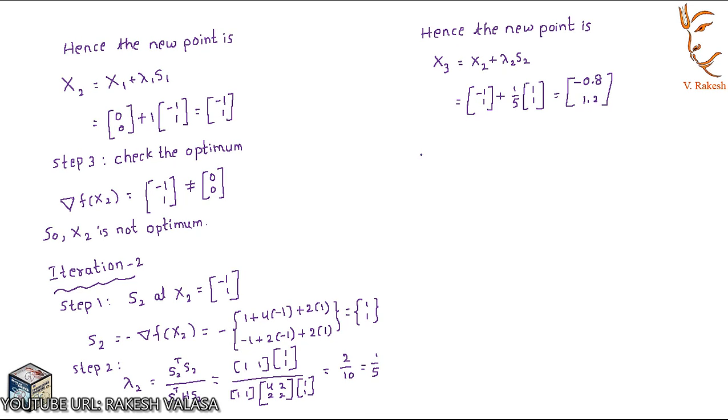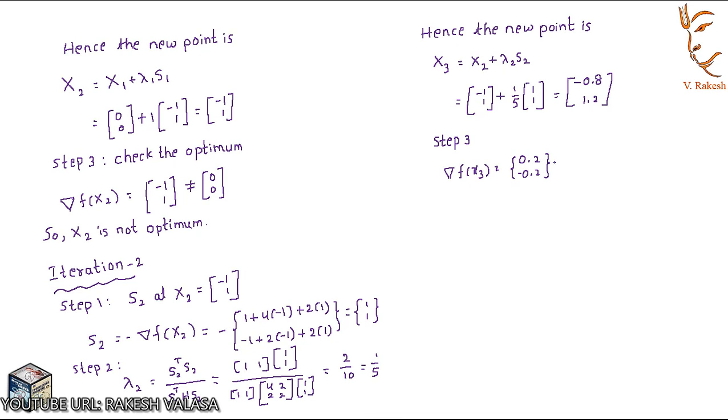Next, step 3, check the optimum value, that is delta f of x3. Now substitute these x3 y3 values in the delta f. We get 0.2 minus 0.2.